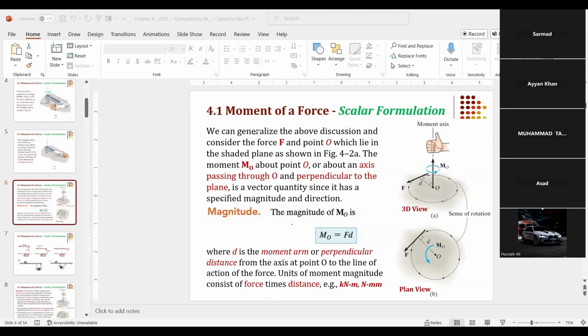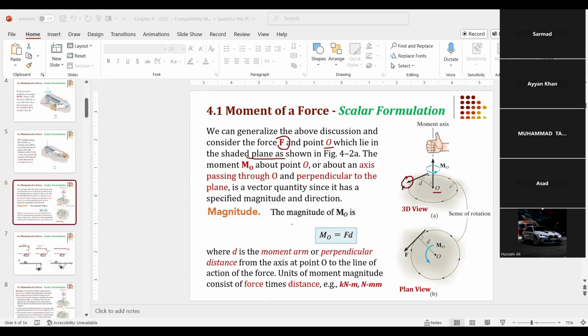We can generalize the above discussion and consider the force F at endpoint O. You see right here, this is the force F, and this is point O, which lies in the shaded plane as shown.